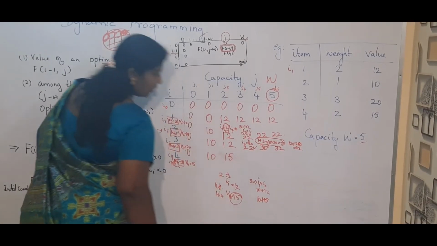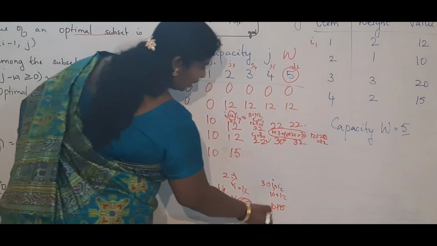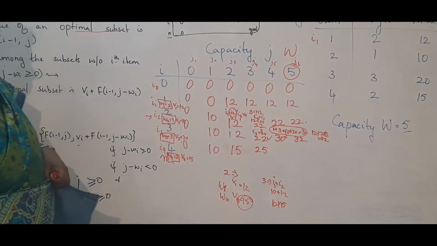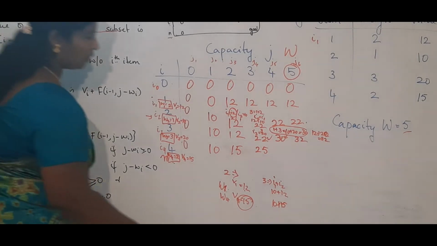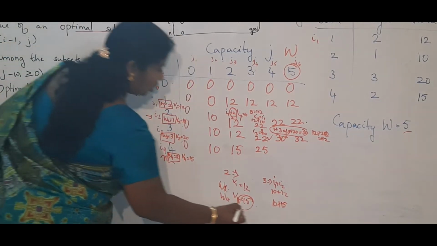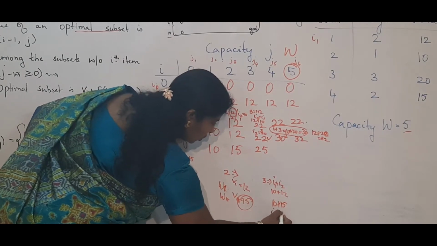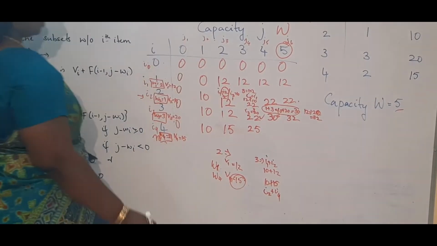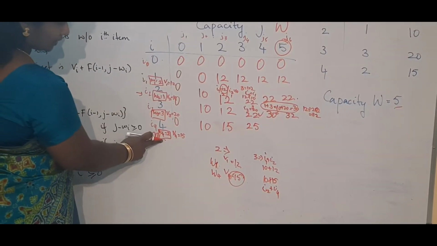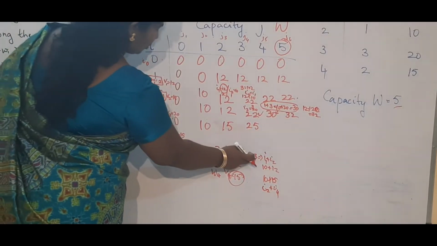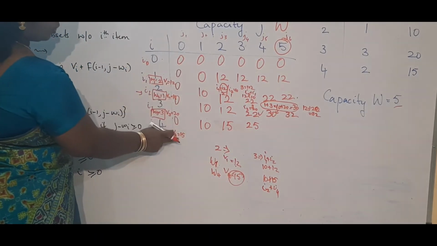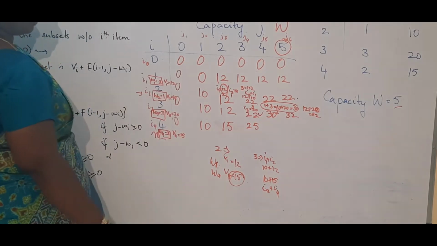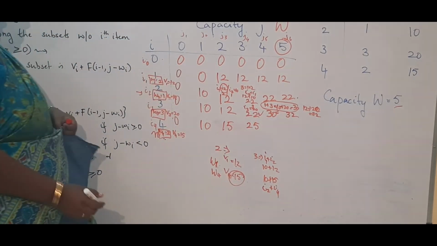So 10 plus 15 is going to be 25, which is going to be the most optimal solution. So it is going to be a combination of item 2 plus item 4 together, which is 1 plus 2. The weight is going to be 3, and the value is going to be 10 plus 15, that is 25.